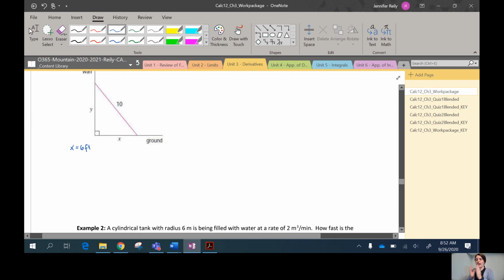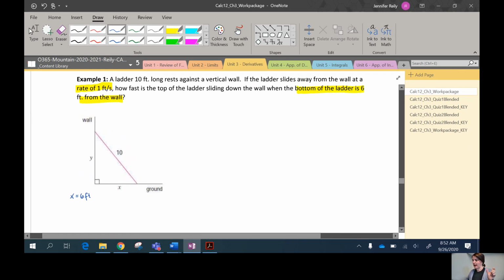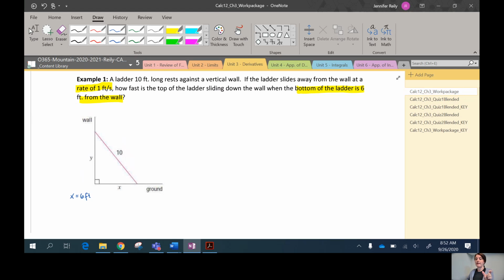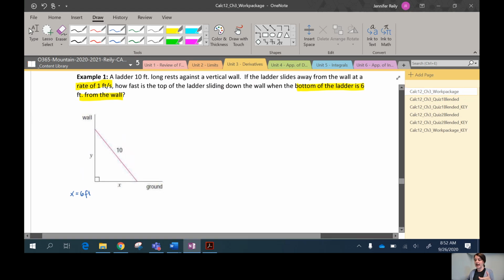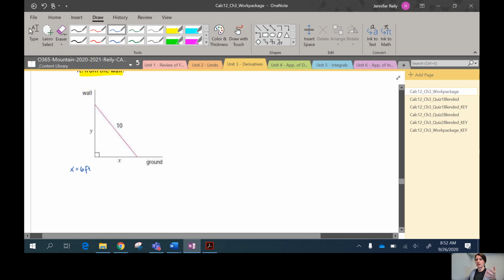We are also given the rate at which x is changing with time, right? In the question it says the ladder is sliding away from the wall at a rate of 1 foot per second. That's a derivative. That's telling us how the distance x is changing with time. So the way I would write that down is dx/dt, the derivative of the function x with respect to time, so how x is changing with time. That's 1 foot per second.